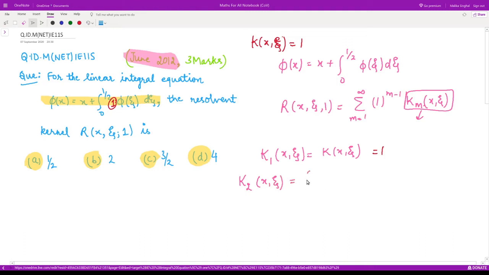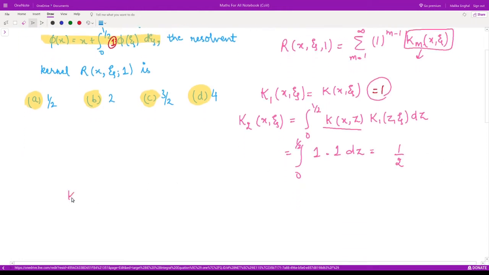By definition, this is equal to integration from 0 to 1 by 2 of K(x, z) into K1(z, xi) dz. What is the value of K(x, z)? This is simply equal to 1. No variables are included. So integration from 0 to half of 1 into K1, which is again 1, so 1 into dz. That would simply be 1 by 2.